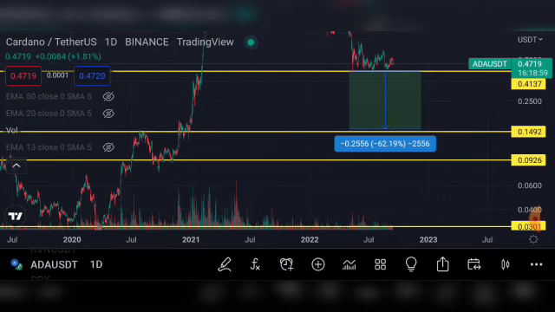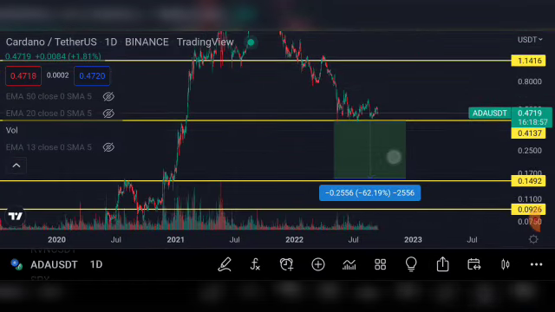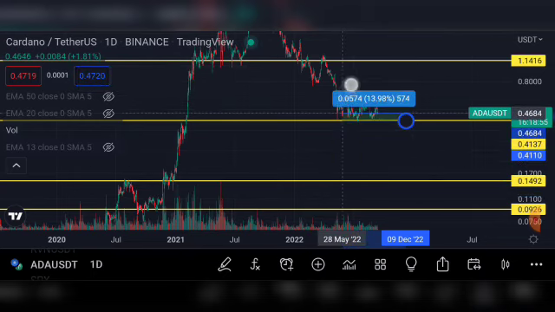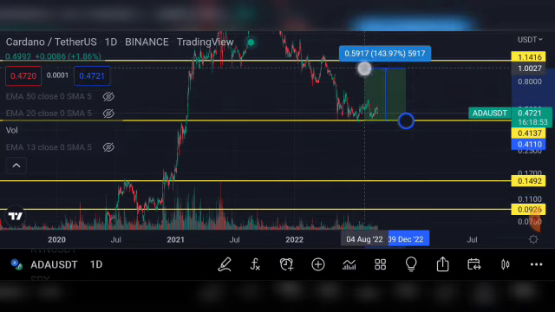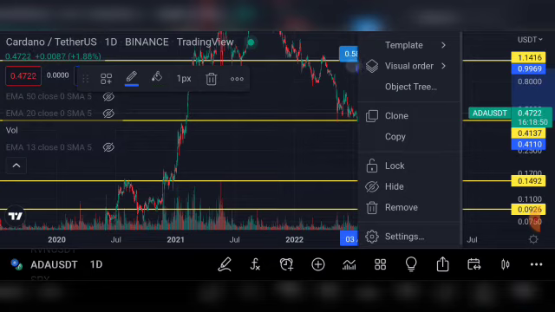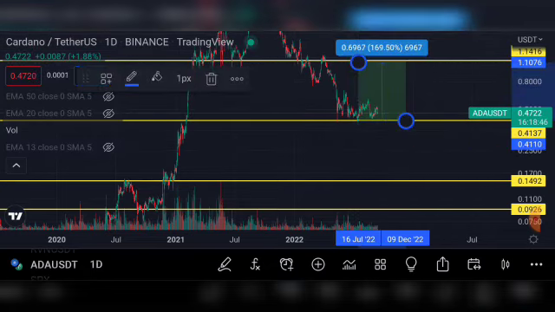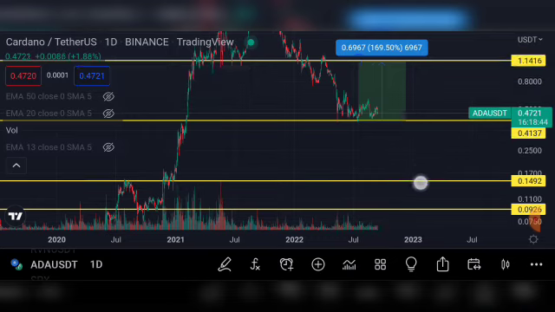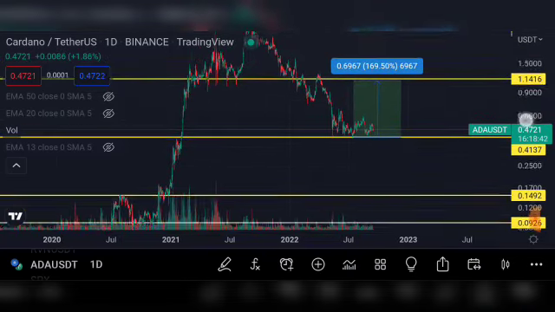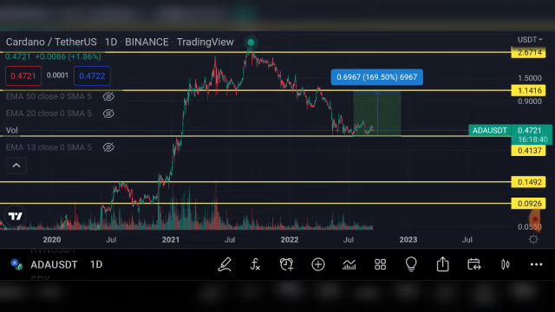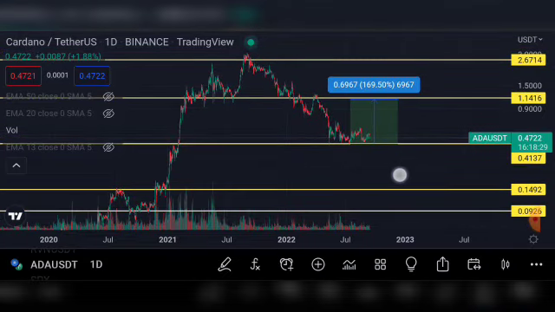However, because it is an area of support, if the market begins to hit this region and begins to reverse, like the area of support is very strong, is not broken, then I can now predict that it will be going back to retest this area of resistance, right? And this would be like a 169% trade if I am a swing trader. But as a scalper, I'll be looking for low or small entries just to make like 20%, 30%, 10% profit. And that is why area of support and resistance are very important.